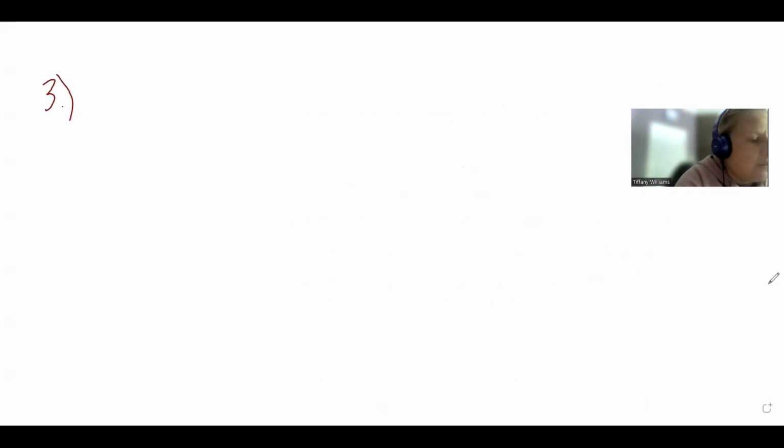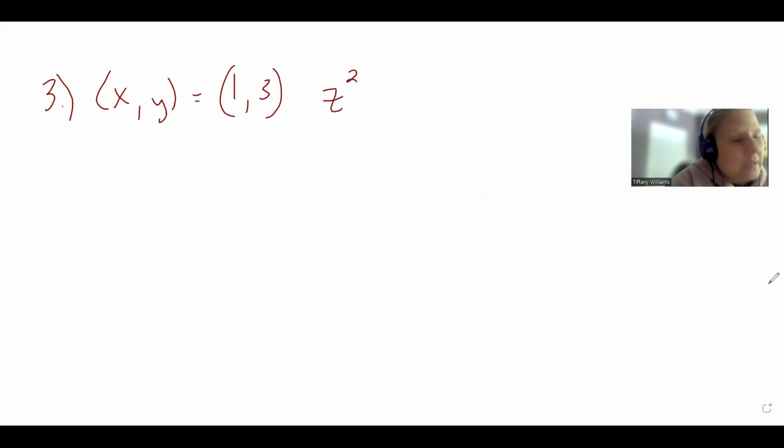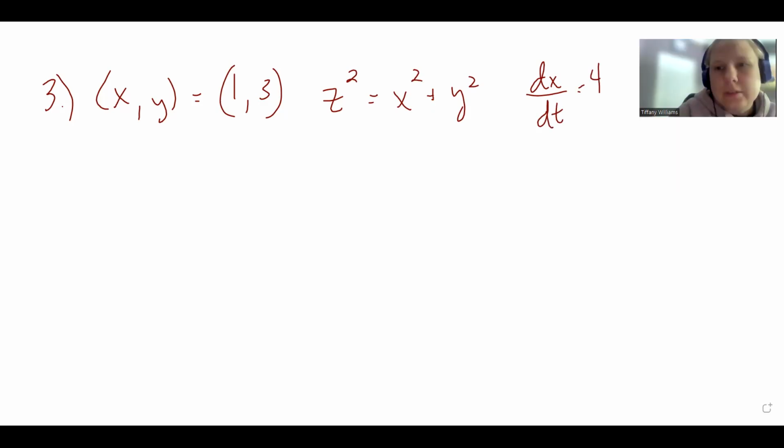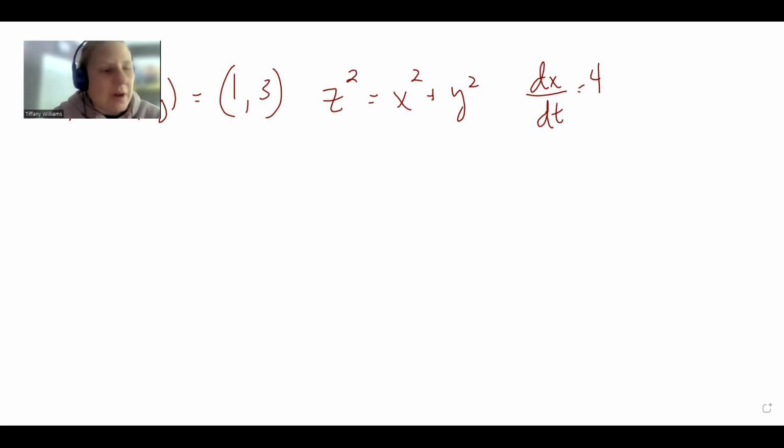Number 3, we had the point x comma y equals 1 comma 3. We had z squared equals x squared plus y squared. And then we had dx dt equals 4, and dy dt equals 3.